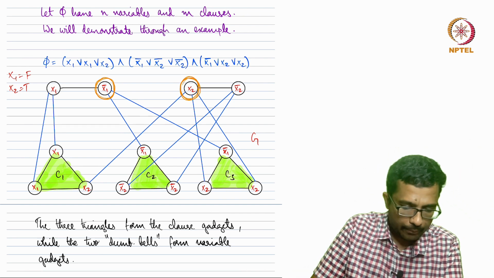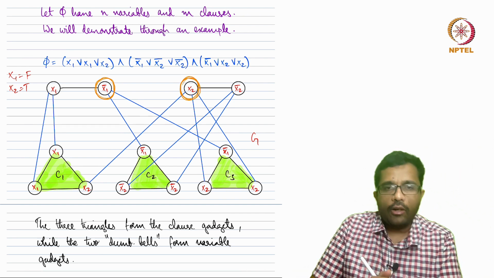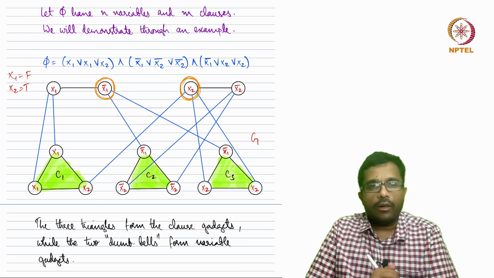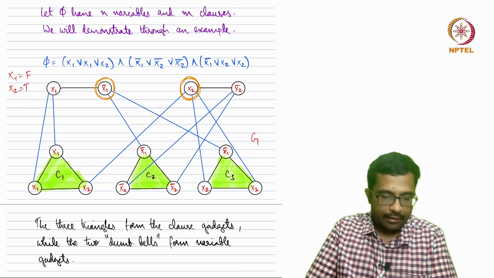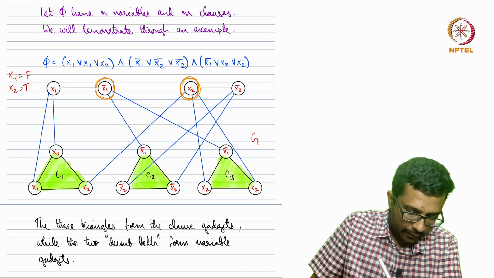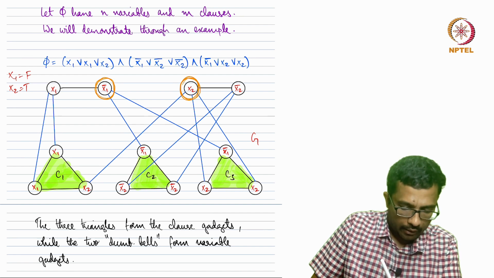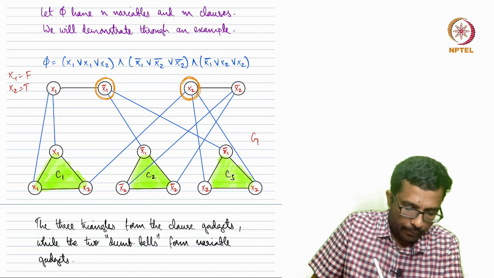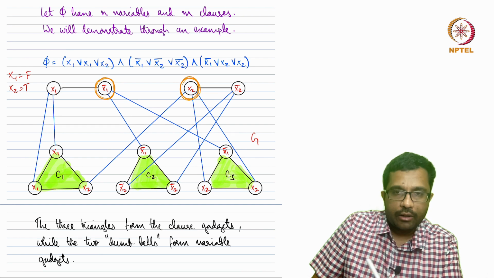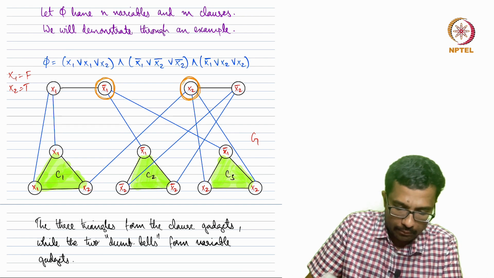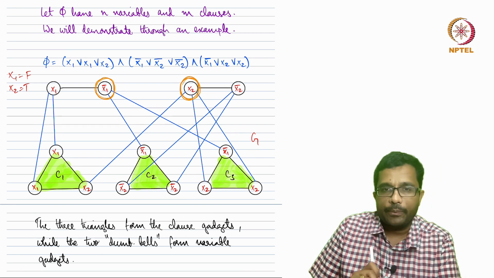So we pick these two, and for each clause we know of at least one true literal, right? In the case of clause 1, we know x2 is true. Clause 2, we know x1 complement is true. Clause 3, we know both are true. Let's say x1 complement is true, right?